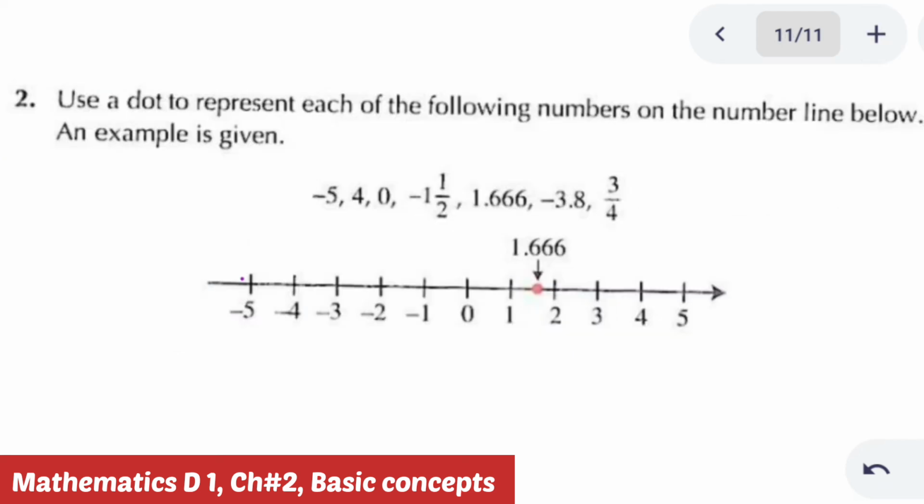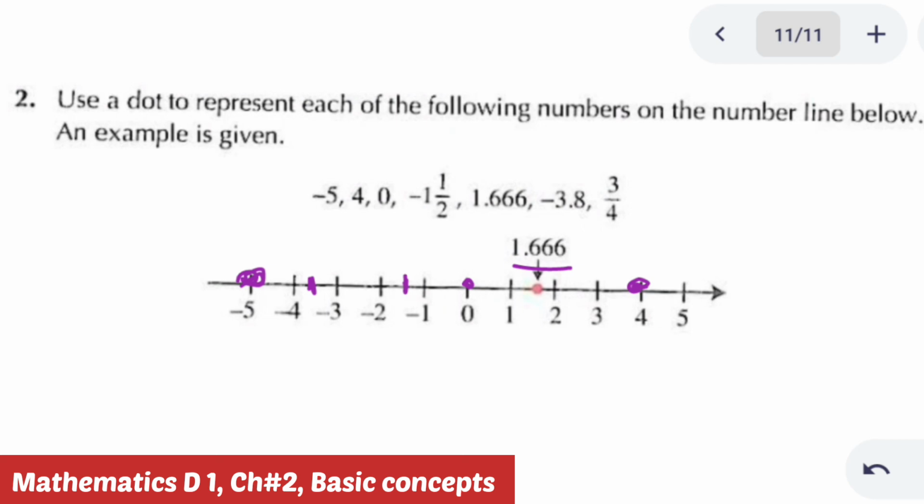Now in this question, we have to use a dot to represent each of the following numbers on the line below. The first number is -5. So -5 is represented over here. 4 is represented over here. 0 is represented over here. -1/2 is represented over here. 1.66 is already given. -3.8 will be 3.8 units apart from the 0.